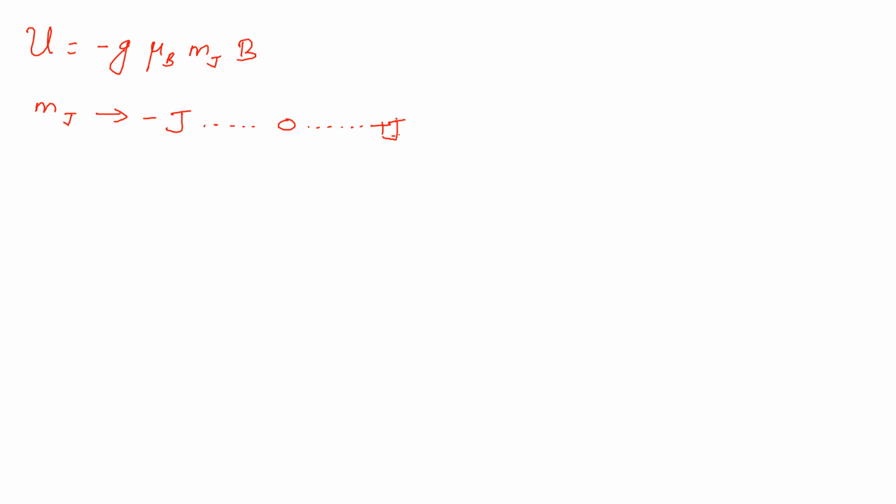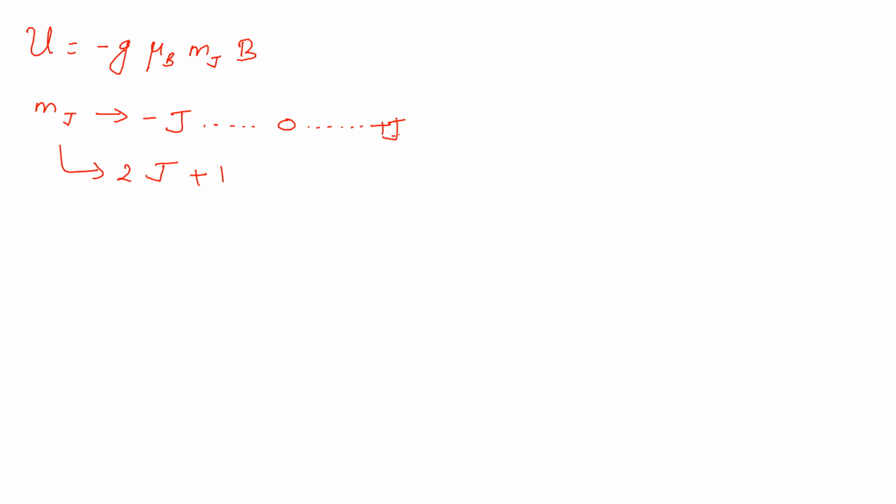The total number of values for Mj is 2J plus 1, because it goes from minus J to 0, then 0 to plus J. Therefore, totally 2J plus 1 values will be there for Mj.